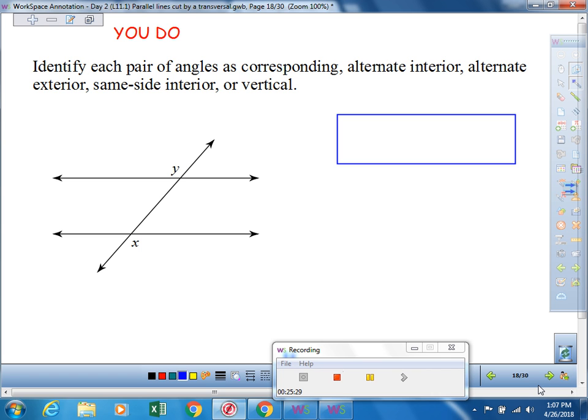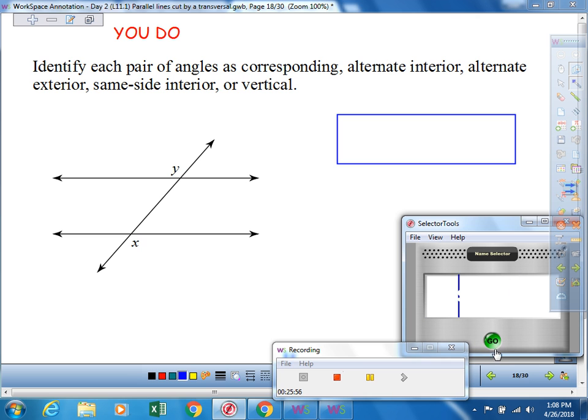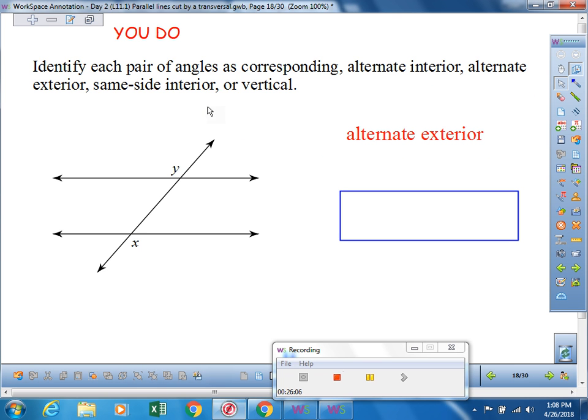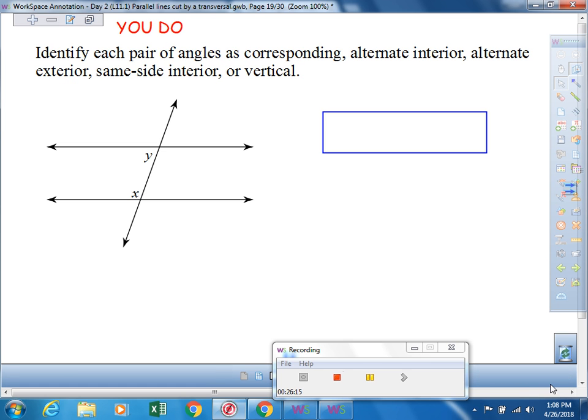Okay, share with your shoulder partner. Stephen. Alternate exterior, that is correct. They're both in the exterior of your parallel lines, and they're alternating sides. Correct. Good. All right. Do this one.